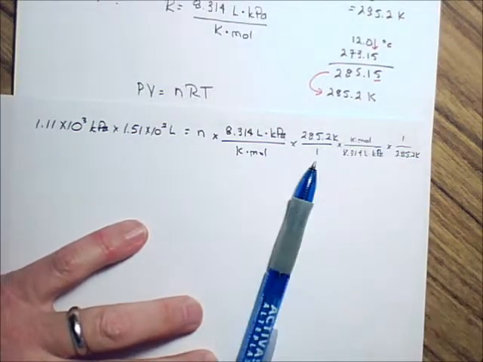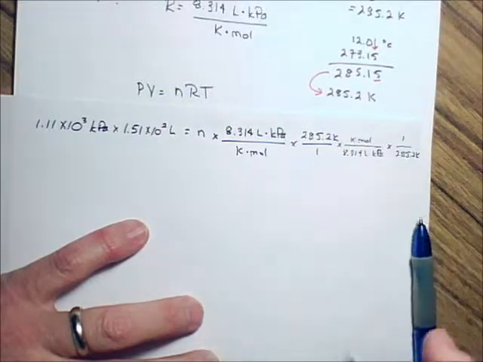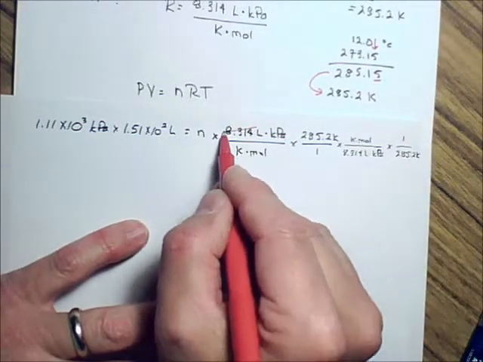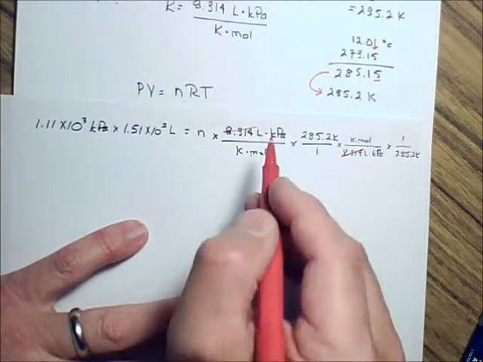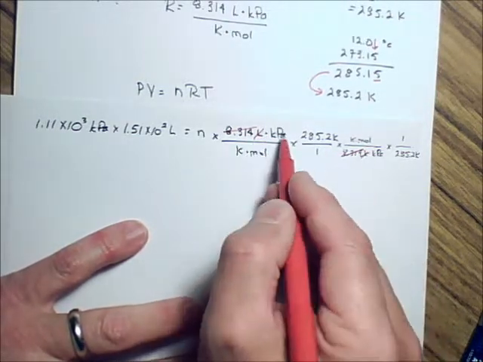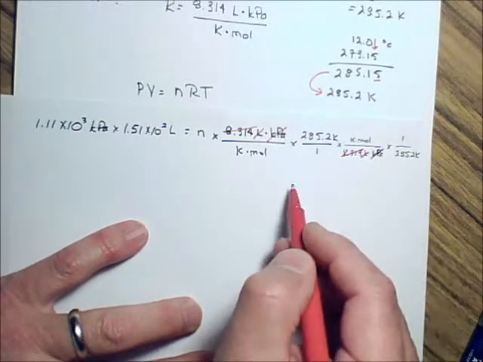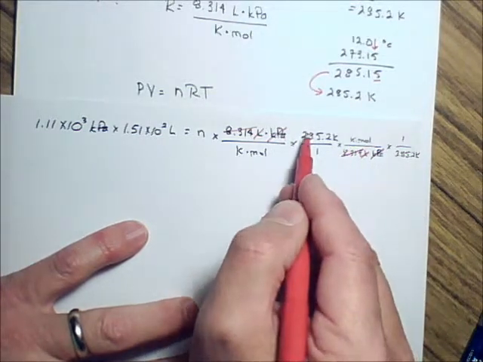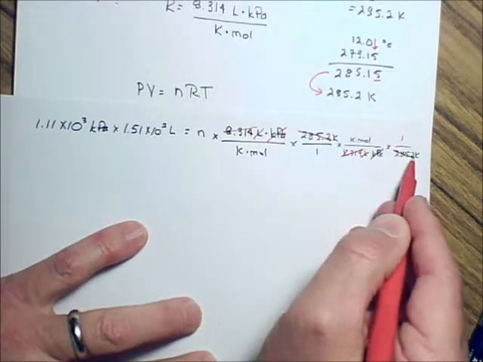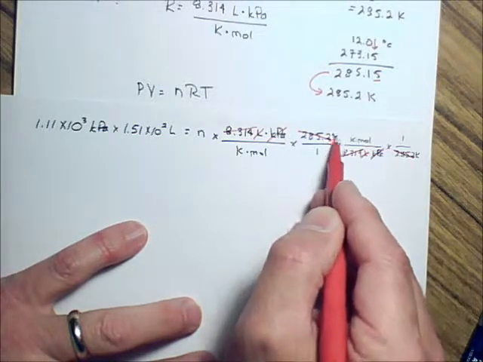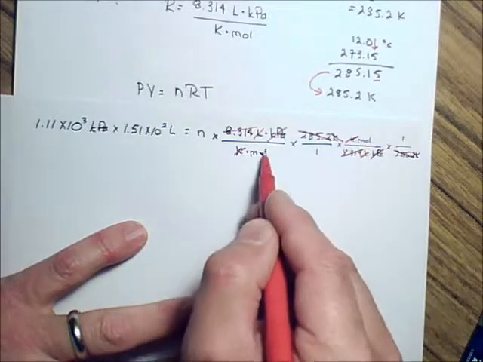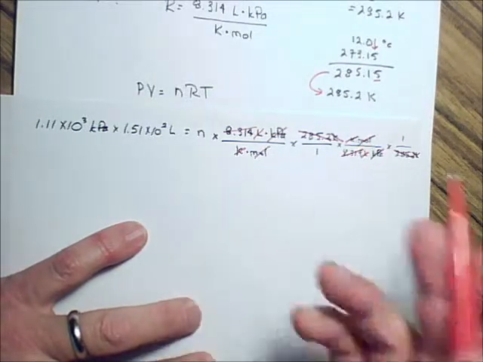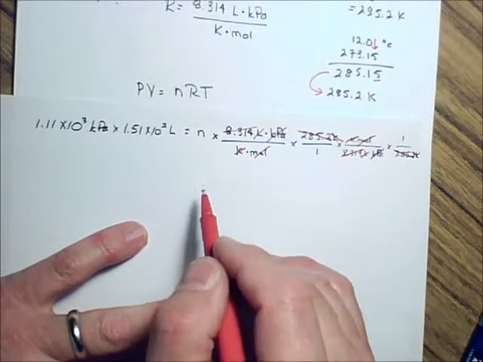What that allows me to do is cancel this number because I've got the same thing on the top and bottom. Cancel liters, cancel kilopascals, cancel this number, cancel Kelvin, cancel Kelvin again, but not moles.